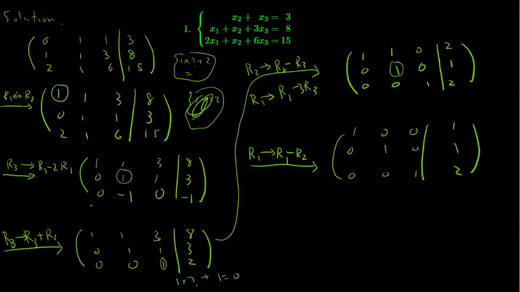I told you how to choose the operations. Make the leading one of row 1, and then use it to make these 2 locations 0, and so on. Then the leading one of row 2 is here. Use that leading one to make the number below 0, and then you go backward. Eventually, the matrix is going to be in REF.